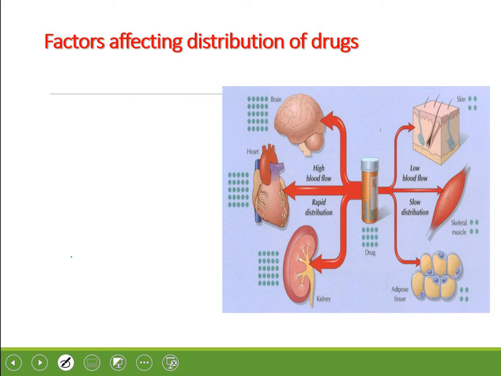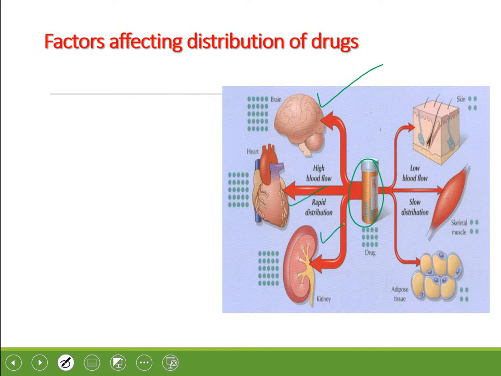If the drug has reached the central compartment, there are some organs which receive the drugs very instantaneously. The supply to the brain is very fast. High blood flow is there towards the brain, the heart, and the kidney.